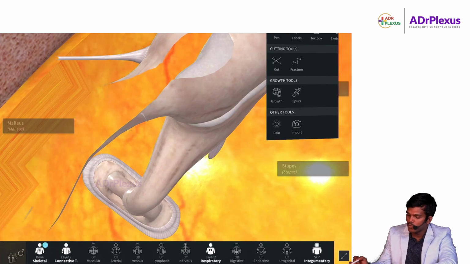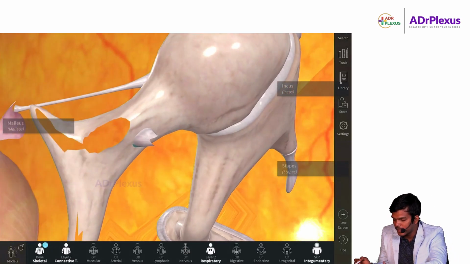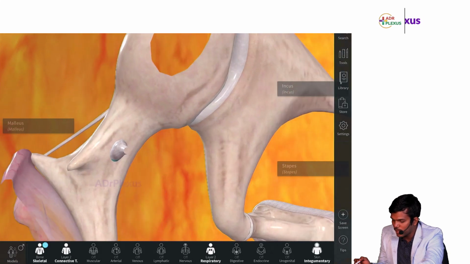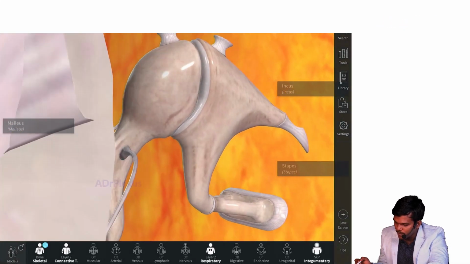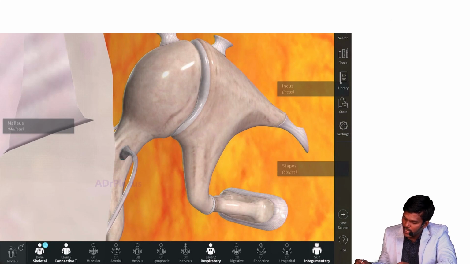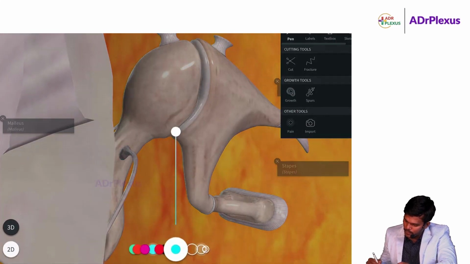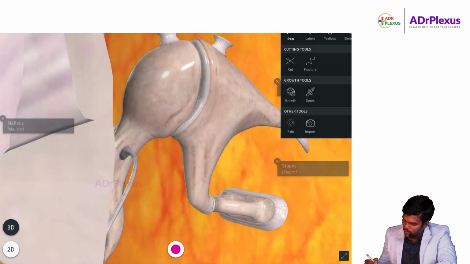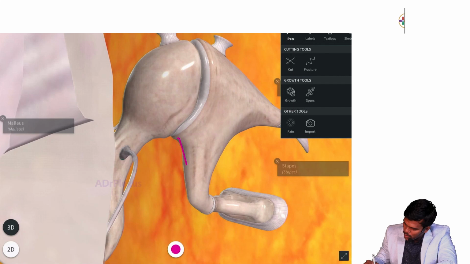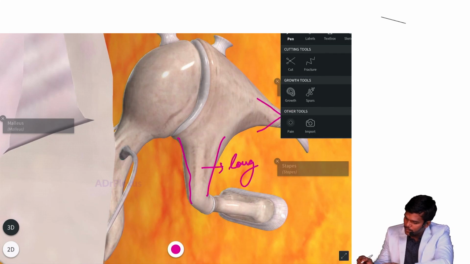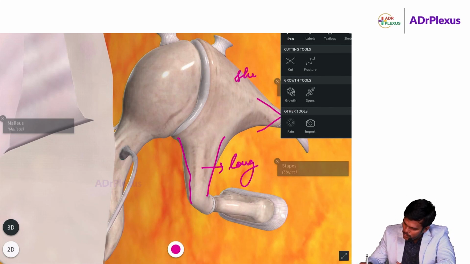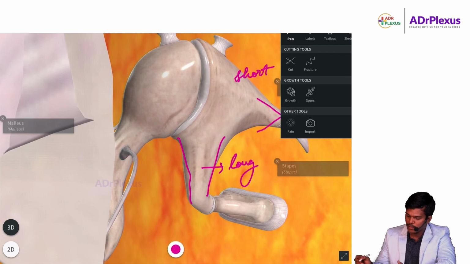Now this incus, if you look at the parts of the incus, just look here. This is the long process of the incus. This is the short process of incus.